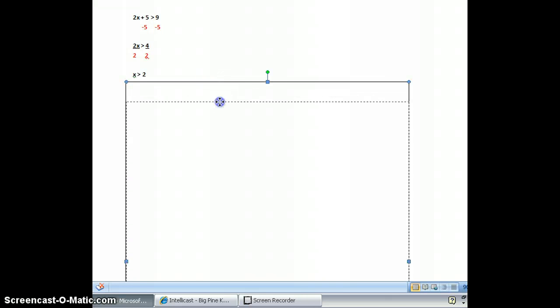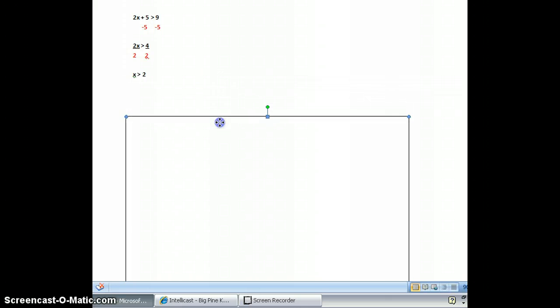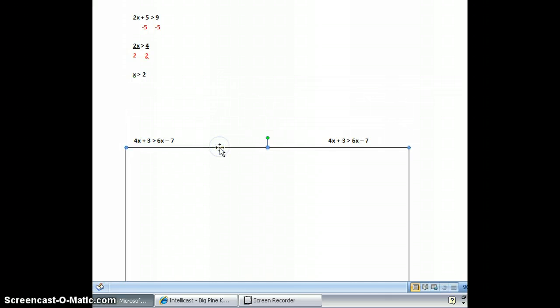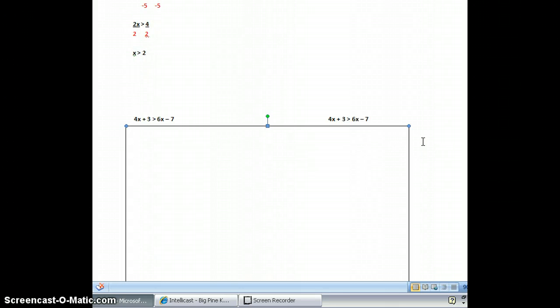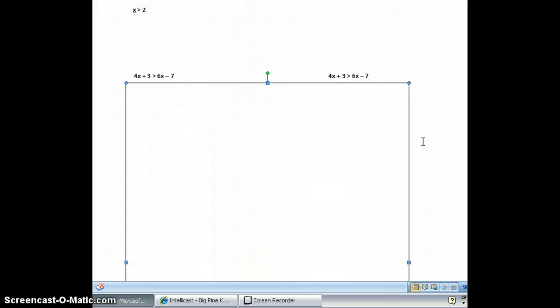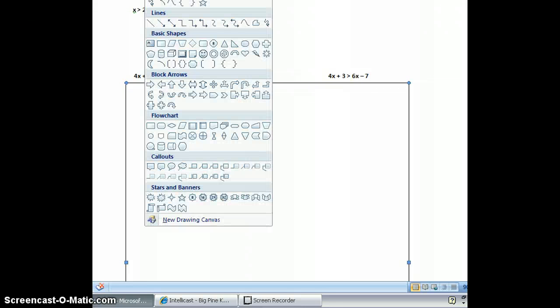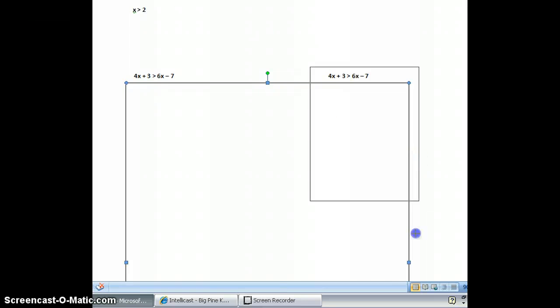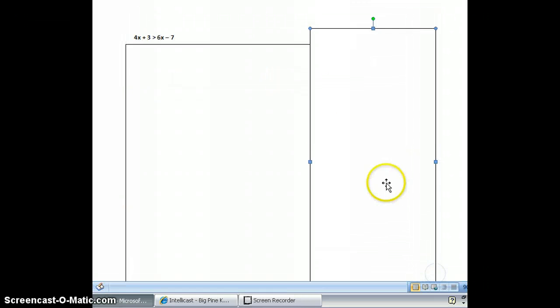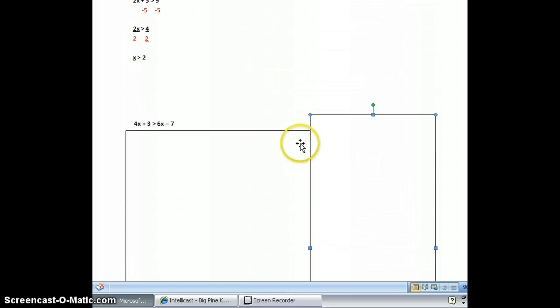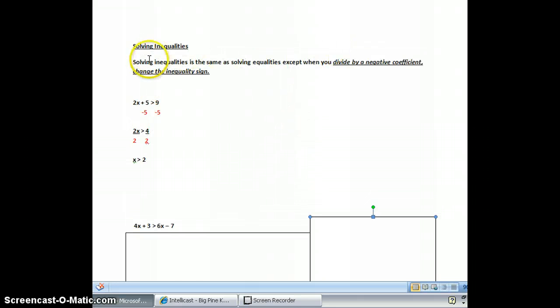Okay, now let's talk about this equation. I've written it on both sides because I'm going to show you both ways to solve it. If you remember, my original description said if you divide by a negative coefficient, you change the inequality sign.